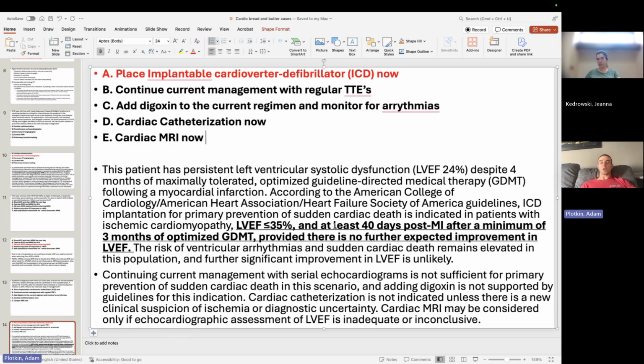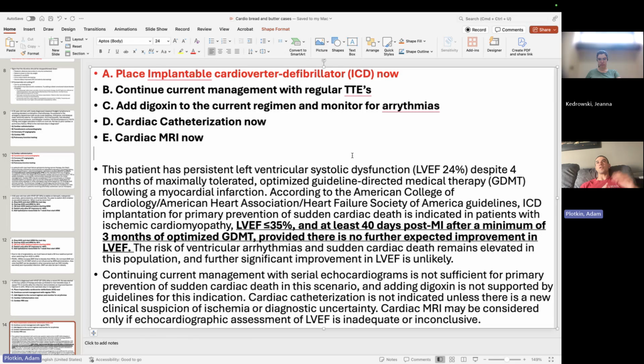The guidelines say at least 40 days post MI and after a minimum of 3 months of optimized GDMT. Post MI, I need to wait at least 3 months while the patient is on full doses of the GDMT, or whatever the patient can tolerate. If the ejection fraction is still less than 35%, we're going to place an ICD.